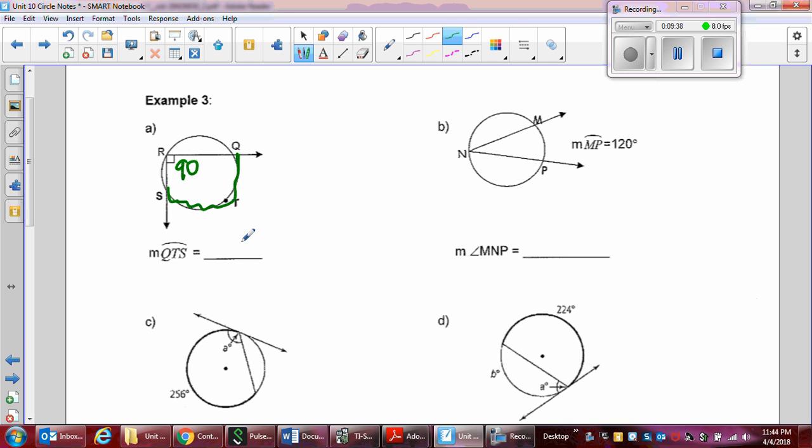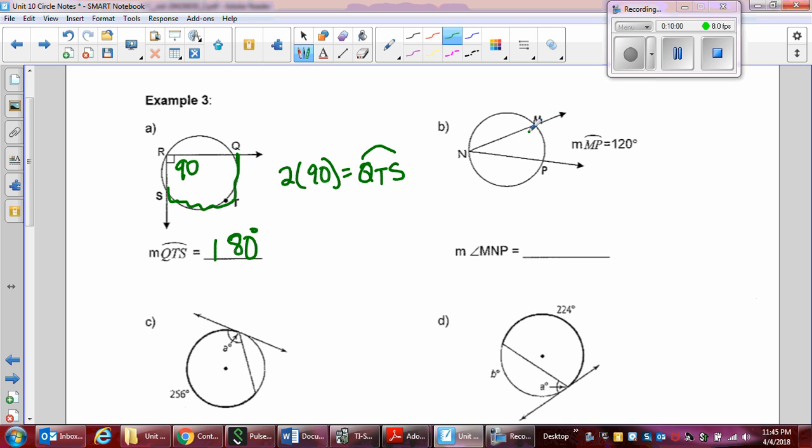Anybody got it? It's going to be more than 90, which is 180. Perfect. It's going to be double. So 2 times 90 is going to be the arc measure, arc QTS.